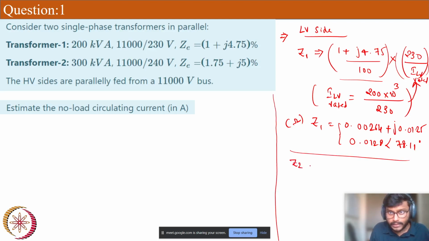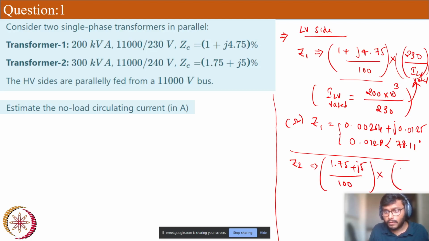Now let's calculate Z2 as well. Again, Z2 is the second transformer's actual impedance referred to the LV side. Now, what is the percentage? 1.75 plus j5 divided by 100 multiplied by, what is the secondary voltage for the second transformer?